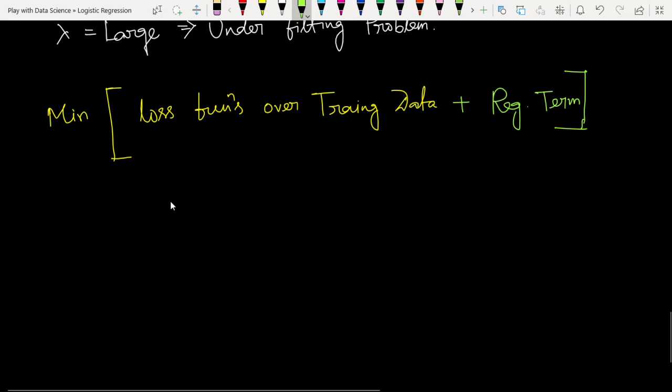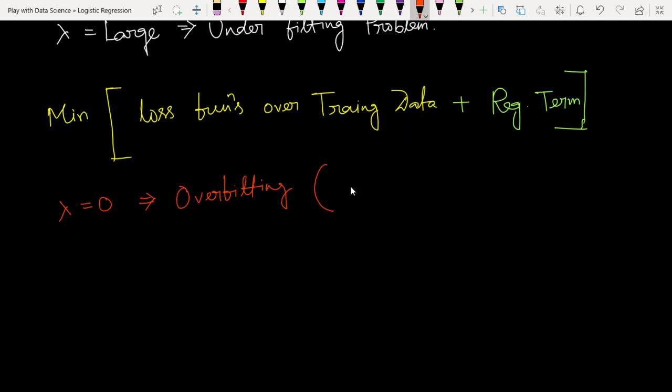If our lambda is equal to 0, then our model is totally overfitting. Overfitting means a high variance problem. We face a high variance problem.